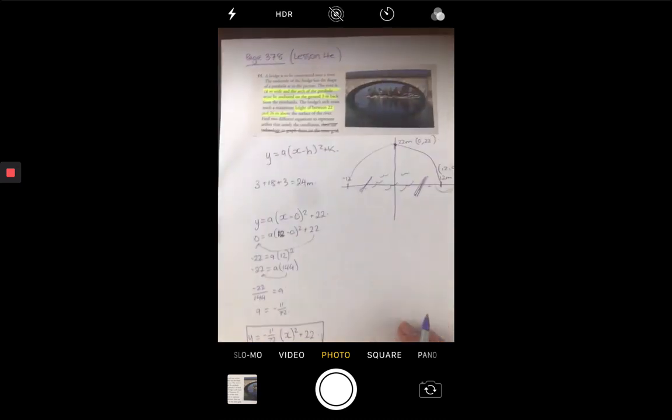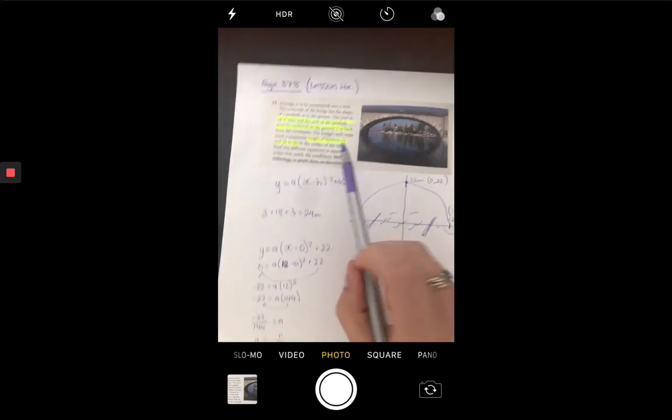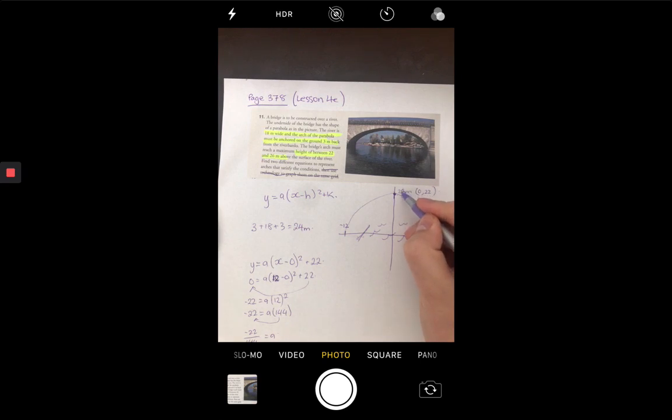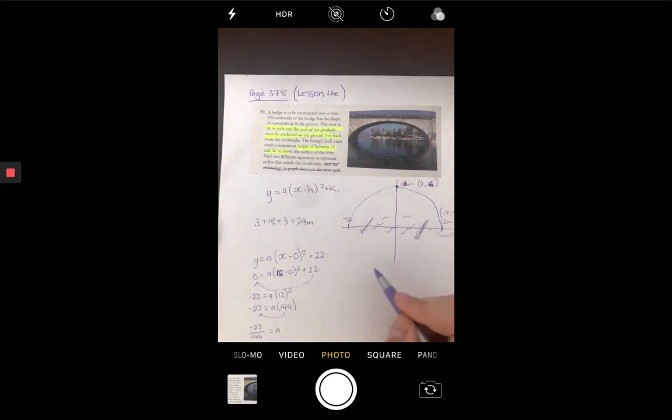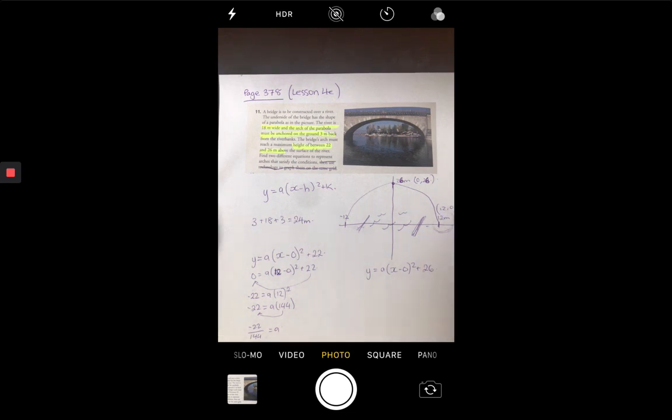So let's go back. And this time, instead of my height being 22 metres, I'm going to change it to the maximum here, which is 26 metres. I change that to 26, so I change my vertex to 26. It'll be (x minus 0) squared plus 26 this time. Again, I'll still use this as my point to put into the equation. So 0 equals a(12) squared plus 26.